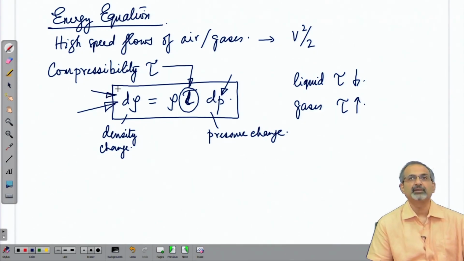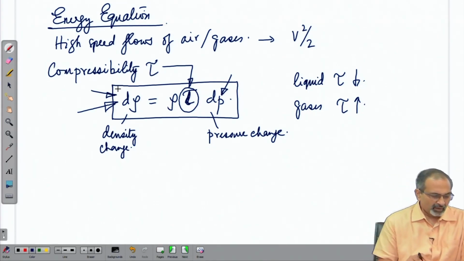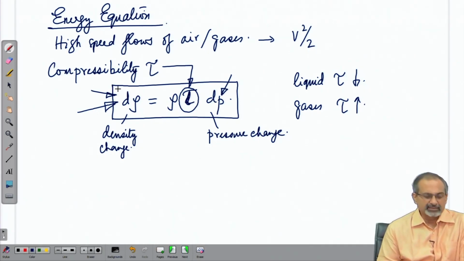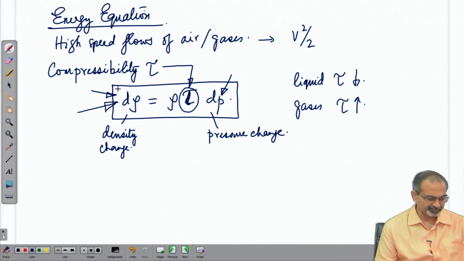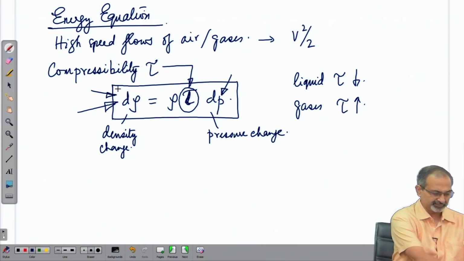So, that is the concept that we have to deal with in compressible flows. Usually, in low speed flows, the pressure changes are not all that high. So, even though the compressibility of gases is significant, the density changes are not very significant. However, that is not the case when the flow velocities are large.